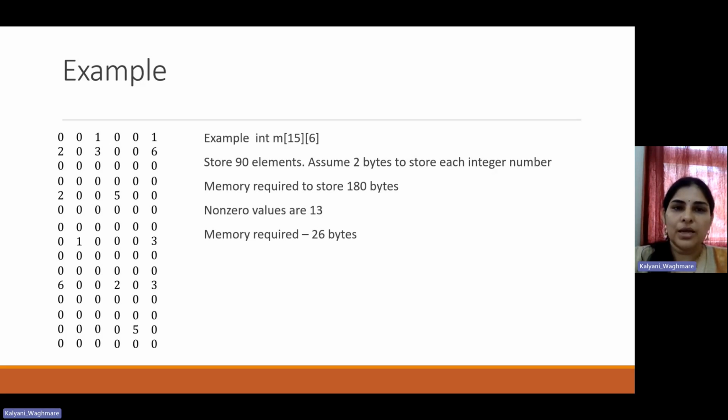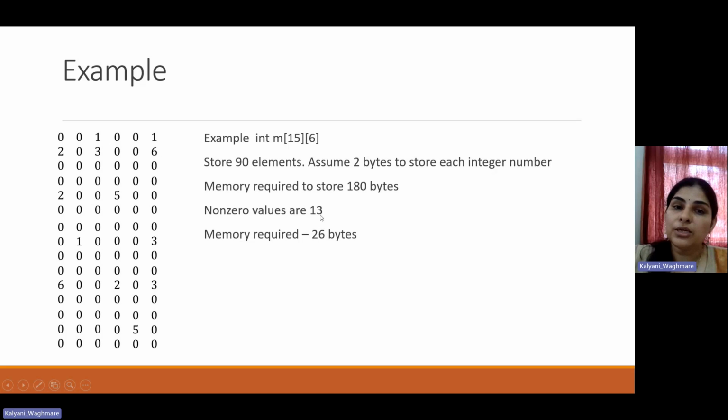If I have created a matrix of integers, I want to store 90 elements in this matrix. To store each integer element, suppose I require 2 bytes. So 180 bytes will be allocated at compile time to store this particular array.